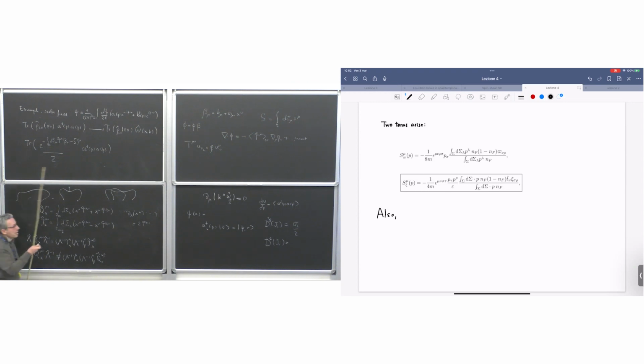So T nu here is to be interpreted as the mean vector normal to the freeze-out hypersurface in the frame where it is symmetric. Okay? So it's not T nu in any frame. This formula does not mean that if you go to another frame, you should keep T nu the same.